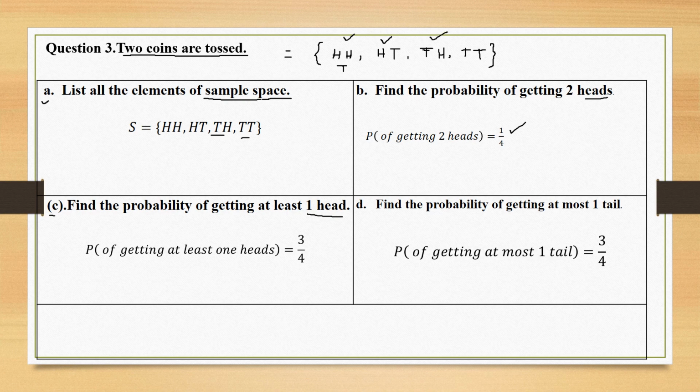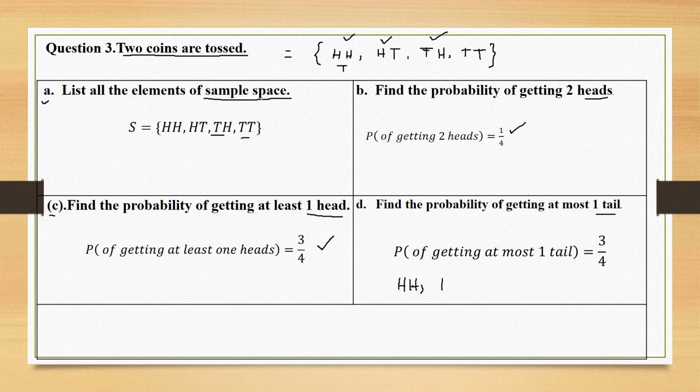So in total we have 3, so 3 by 4. Now part D is, find the probability of getting at most one head. It means that we have to write down only those where we have at most one head. If we have two heads, we will not accept it. Okay, so look, my dear student, I am writing here again head.